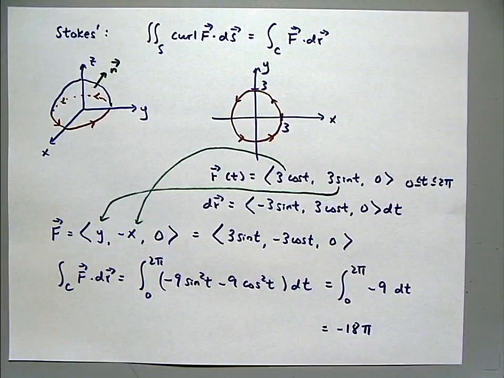Okay, let's look at this next example here. This is one example where it's actually easier to do a surface integral as opposed to a line integral. The vector field we're looking at is y i plus x z j plus x squared k.